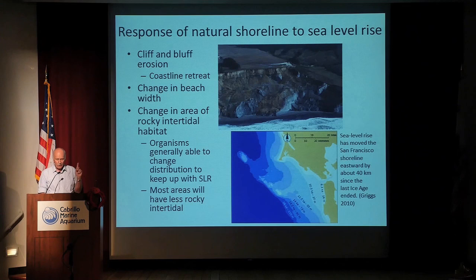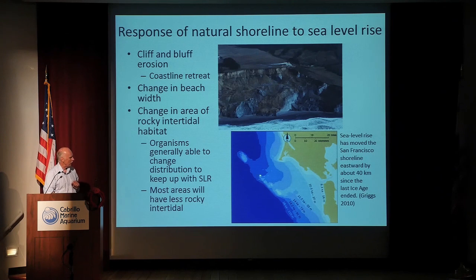So that interacts with this next point, which is what happens to natural shoreline when sea level rises? Well, it retreats, right? It regresses. So basically the coastal cliffs or bluffs erode. And here's what's happened historically in San Francisco since the last ice age.